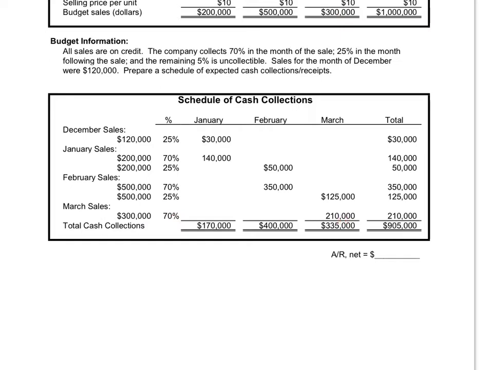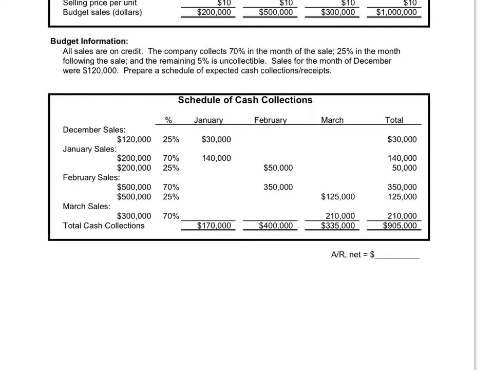Now, that other 25% of March's sales is going to be shown as an account receivable. And we assume that we're going to write the 5% off, so we only expect to get 25% of those.